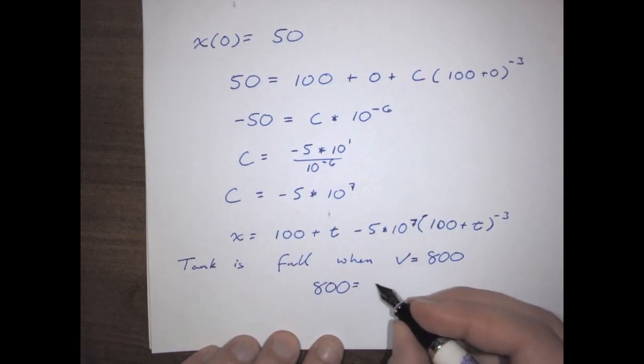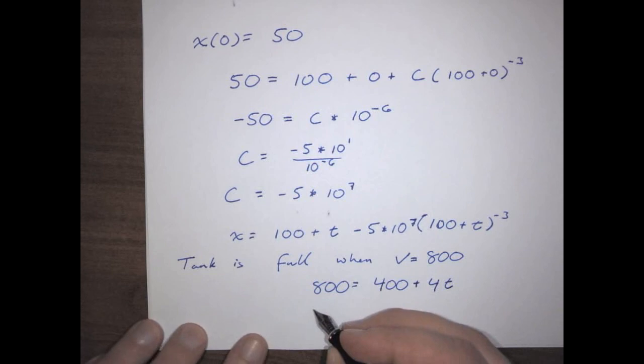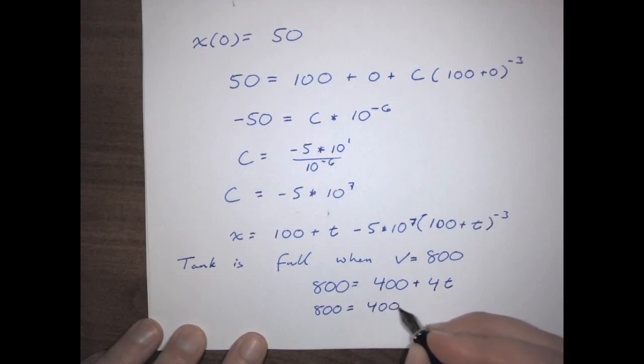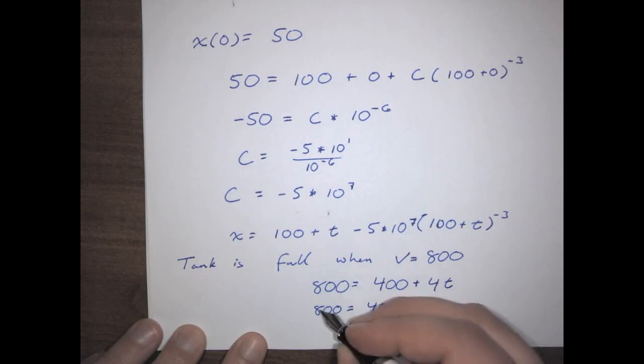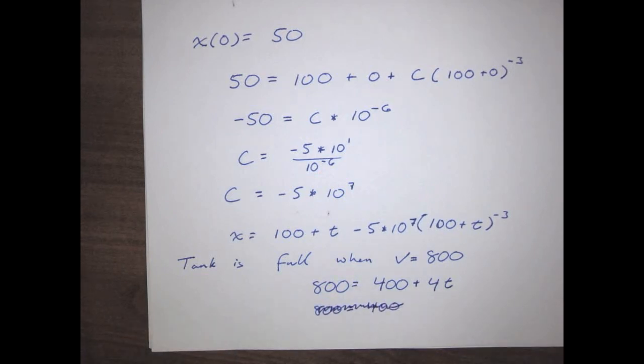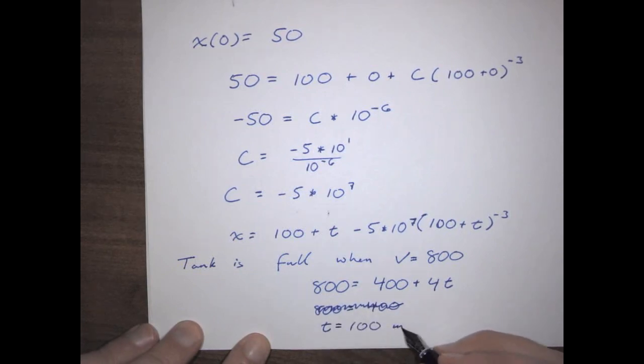It was 400 plus 4 times t. So then that means that what we're going to have here is 800 equals 4. And that's not accomplishing anything. Sorry, it's been an hour. It's getting a little worn out here. So we subtract the 400 from both sides, divide by 4, and we get t equals 100 minutes.